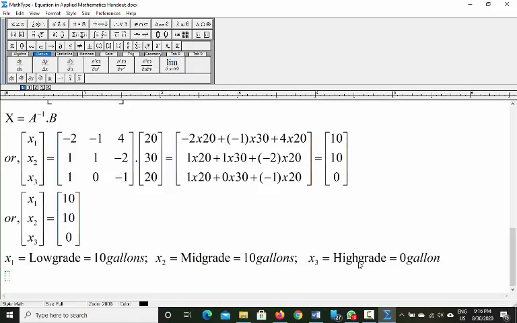So as a production manager, you need to find out, with those available resources, how many units or how much of which product you need to produce. This way in real life you can use a matrix to find out how much of each product you need to produce with the available resources.